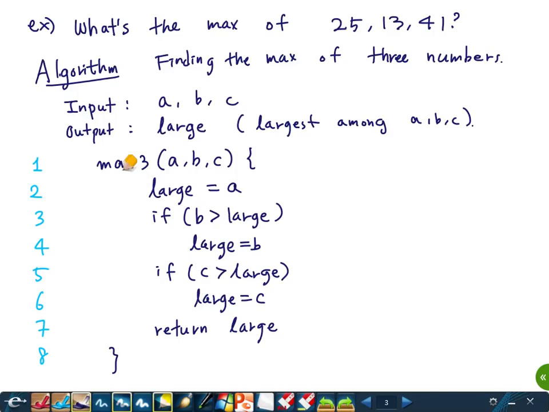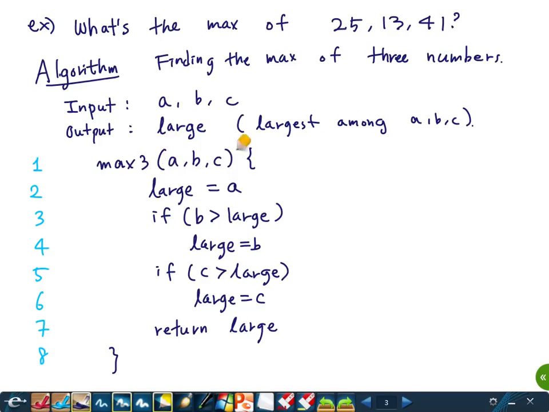Just the name, like your name is something. Your parents gave you that name, but it could have been something else. It's like that. Max3. Usually, when we give a name to an algorithm, it's some alphabet with some numbers, a combination of this.